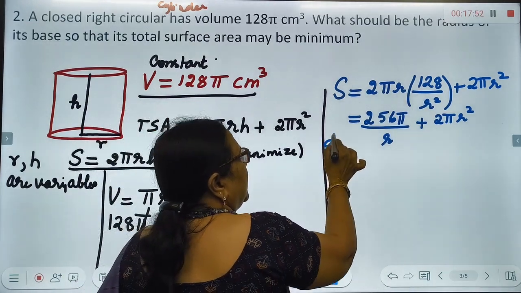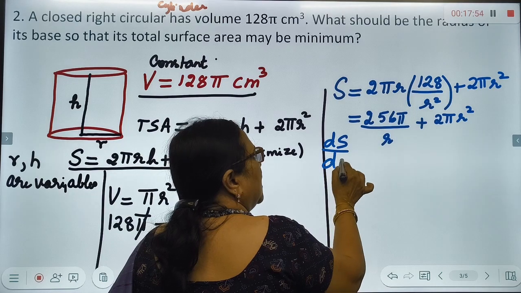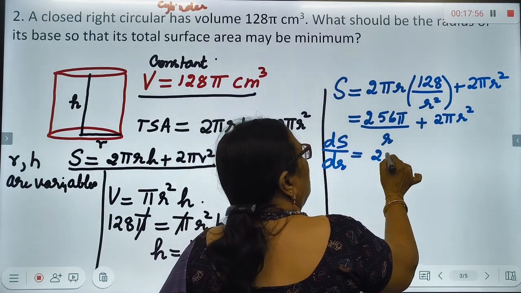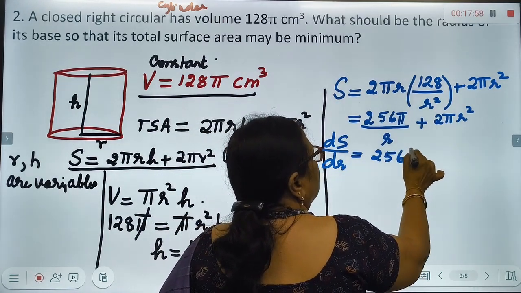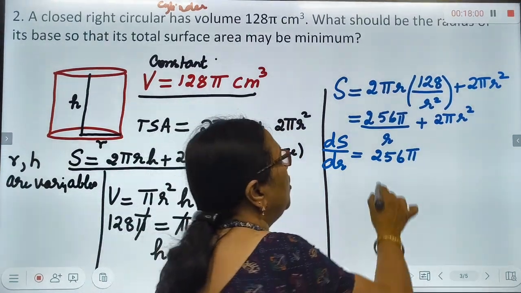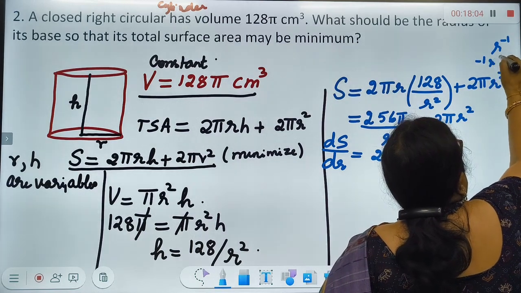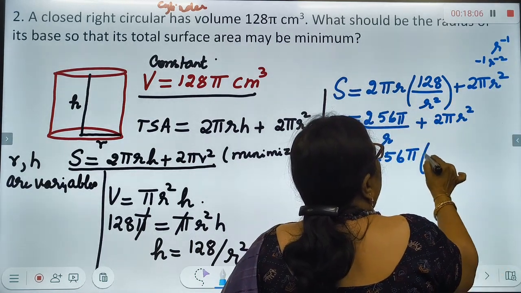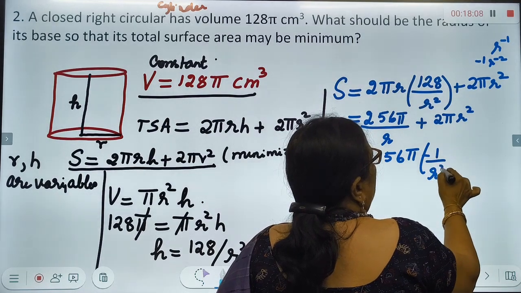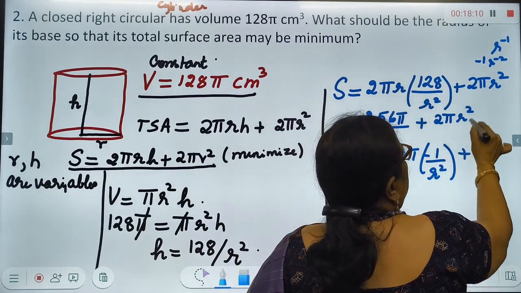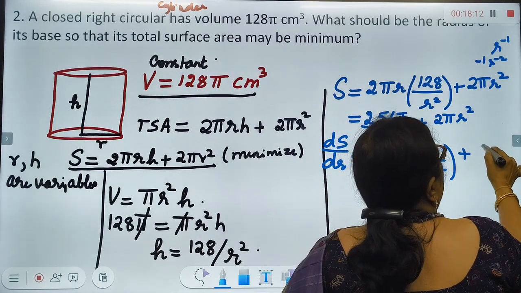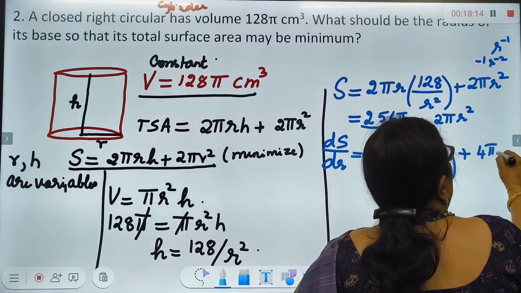Now dS by dr will be 256 pi. What is the derivative of 1 by r? r power minus 1, so minus r to the power minus 2, so minus 1 by r square, plus the derivative of 2 pi r square will be 4 pi r.